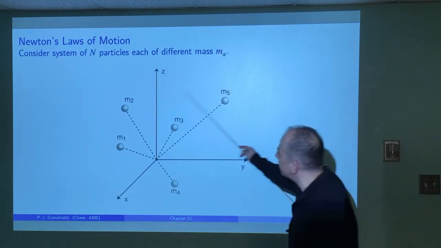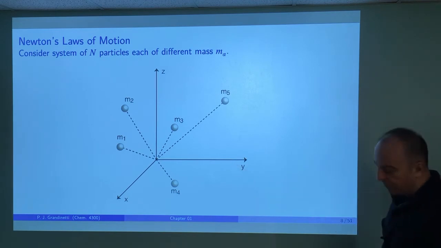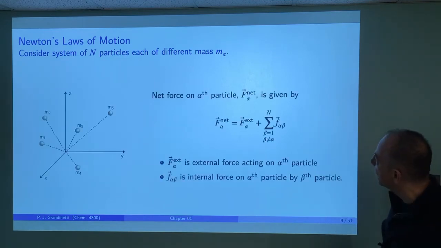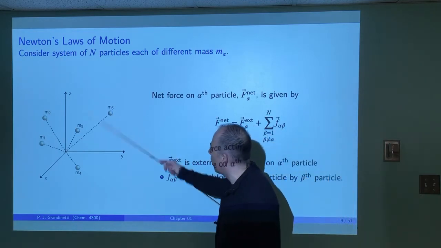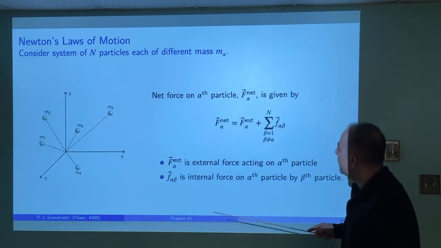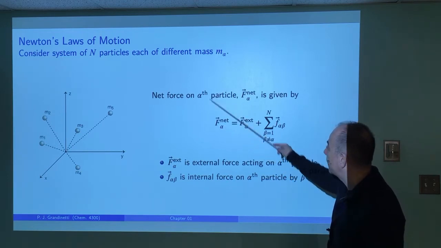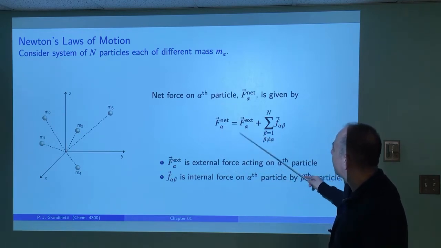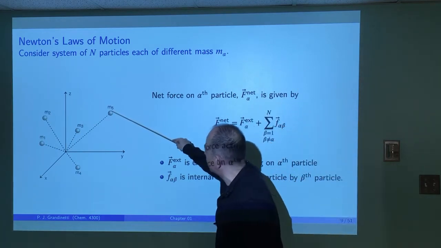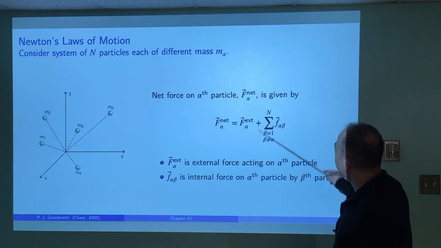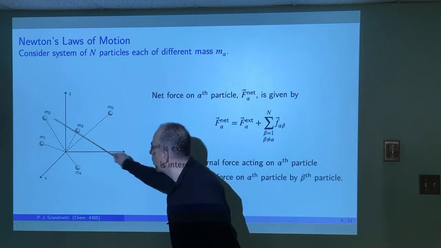Now let's consider a system of particles. In this case, I just drew 5 particles here and labeled them. If we were going to consider the force acting on any one particle, say in this case the alpha particle, then we need to take the external forces that are acting from outside onto this particle, and then the internal forces, which are the forces between each of these particles.